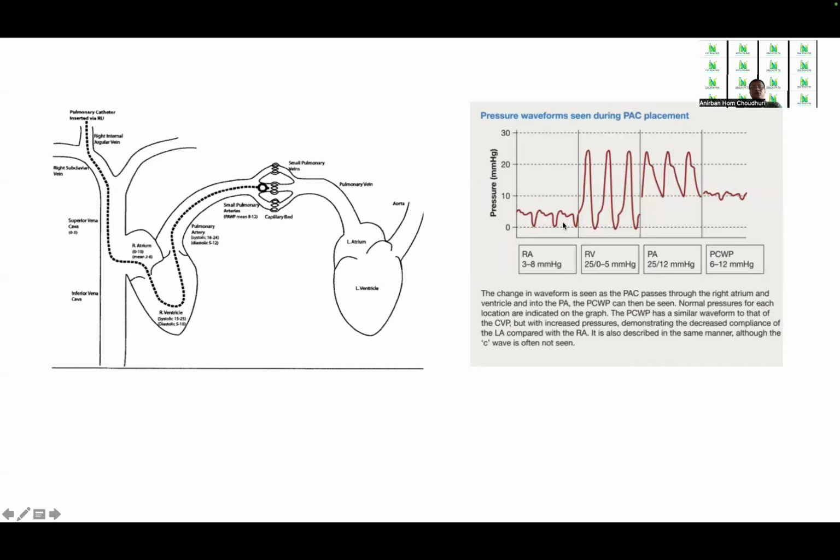Once it reaches the RV, the systolic pressure increases. And once it reaches the pulmonary artery, the diastolic pressure also increases. And finally, when it is wedged, everything disappears and a single moving line appears on the screen.